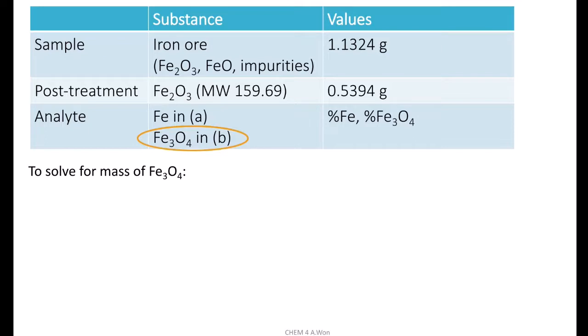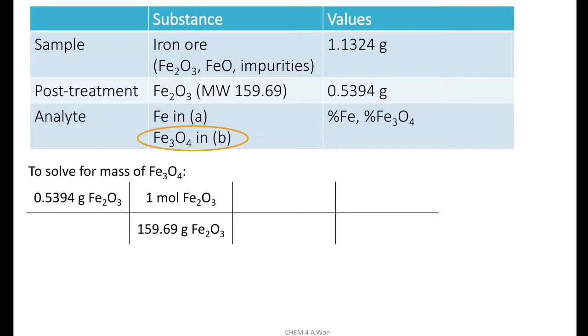We will now be computing for the percent Fe3O4. Parts of the grid from the previous question are going to be intact. The mass of Fe2O3 and its molar mass that we put are the same. However, the mole ratio will be different.